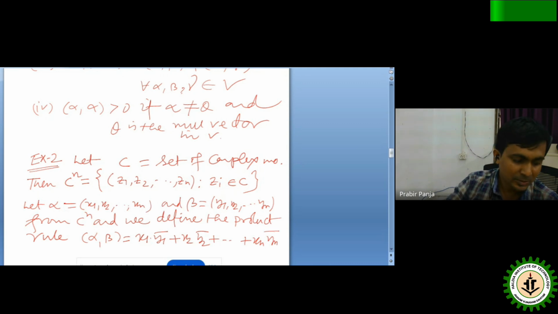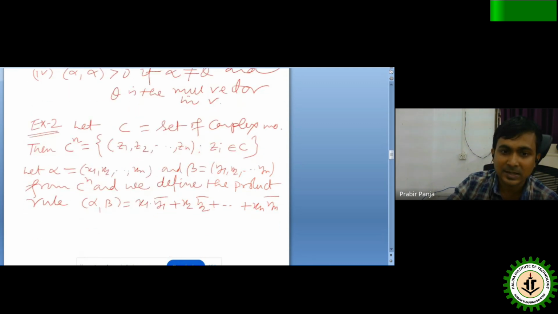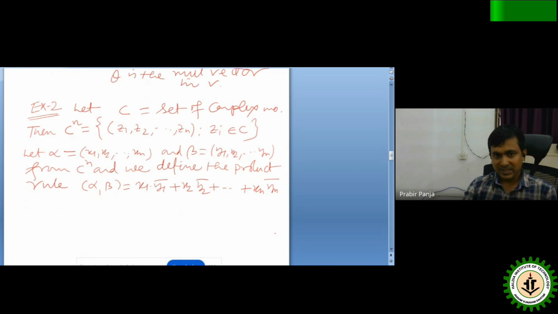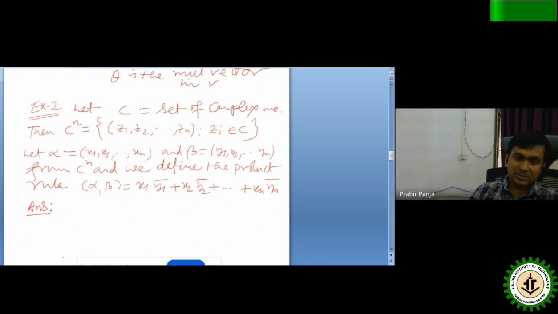Now we'll check whether this n-dimensional complex space C to the power n under this product rule will be a complex inner product space or not.